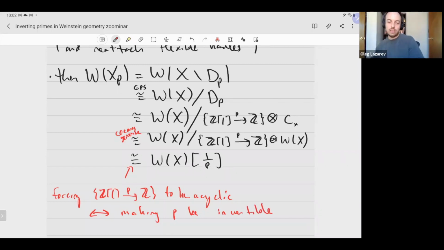The way that a chain complex is acyclic is when the differential is an isomorphism. So if you force that chain complex to be acyclic, you're making the differential, which in this case is P, be invertible. So this shows that the Fukaya category of X sub P is the localization, away from this prime P, of the Fukaya category of X.